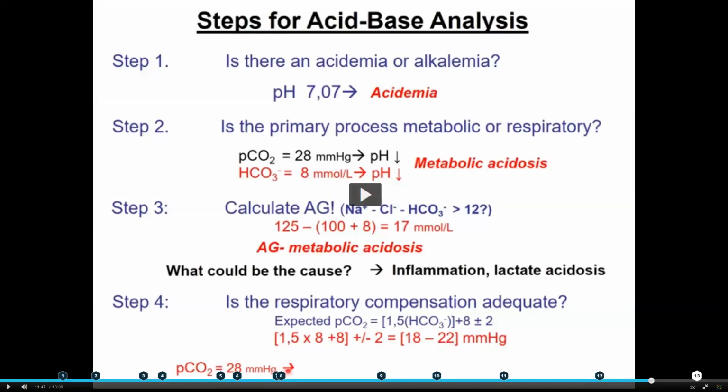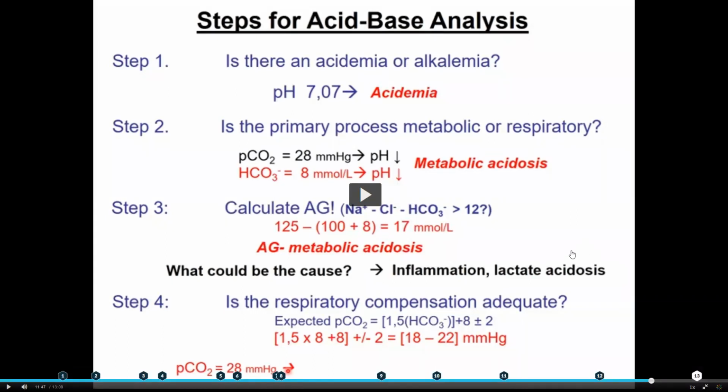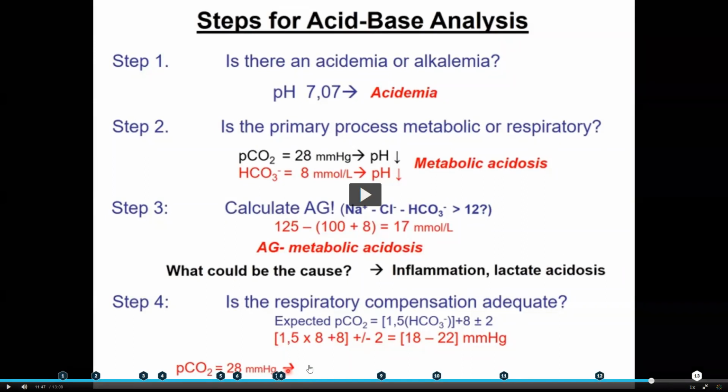So if your patient cannot hyperventilate as much as needed, what additional problem does she have? If you don't ventilate enough, the CO2 is still remaining in the lungs, so that can cause acidosis. Respiratory acidosis, yes. As you see here, we could have respiratory acidosis having less than 40 millimeters of mercury of PCO2.